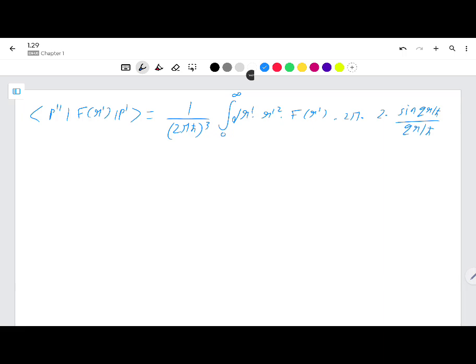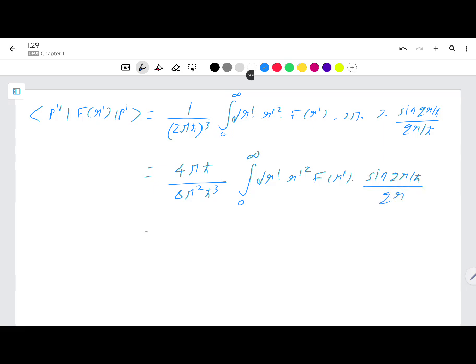Okay, so this is 4 pi h bar divided by 8 pi squared h bar cubed, integral to infinity, r squared sine of q r over h bar over q r.